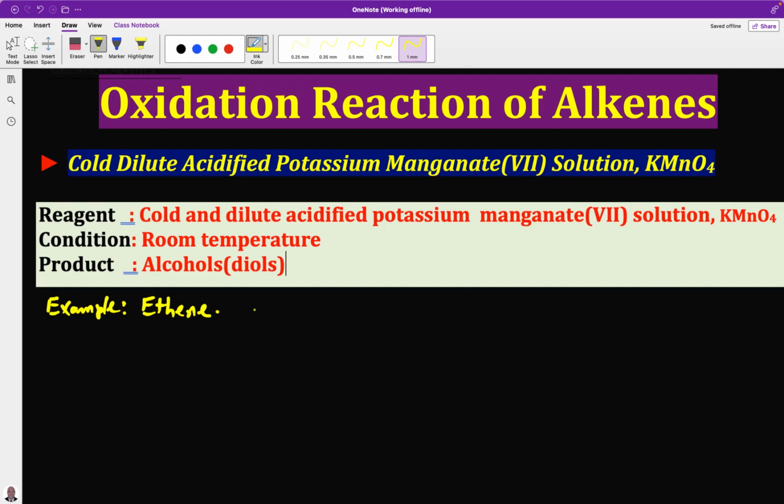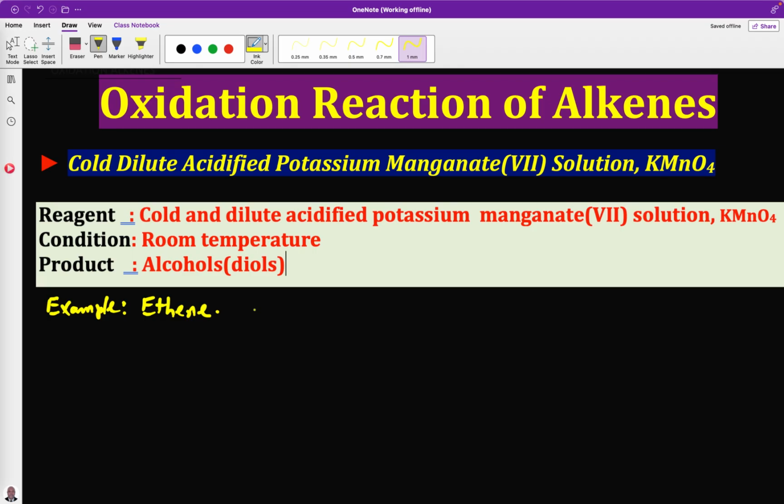Remember, acidified potassium manganate 7 has a purple color. When a reaction occurs with an alkene, for example, ethene, this purple color is decolorized to colorless.